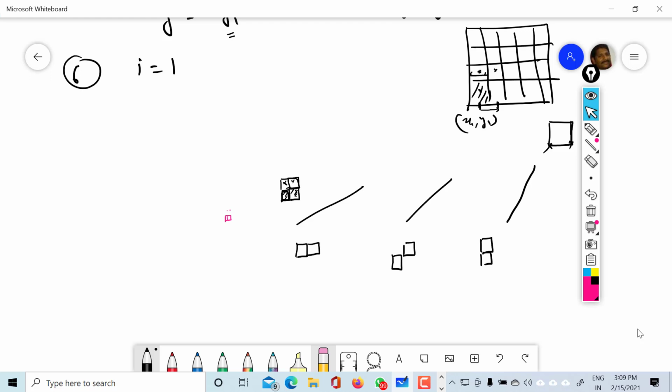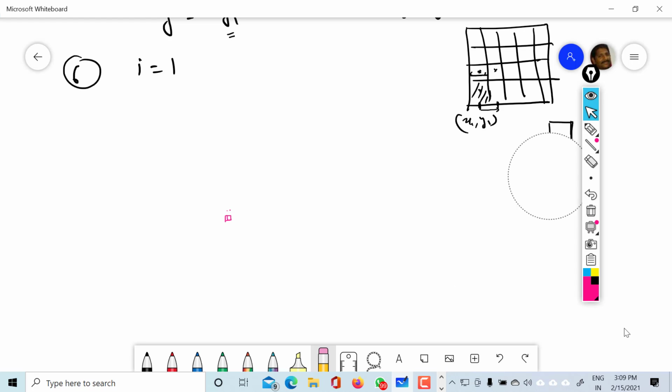So therefore, we will write a loop here. I am erasing all these things. So in the loop, why are we using a loop? We have taken one point and decided that the next point is this one.